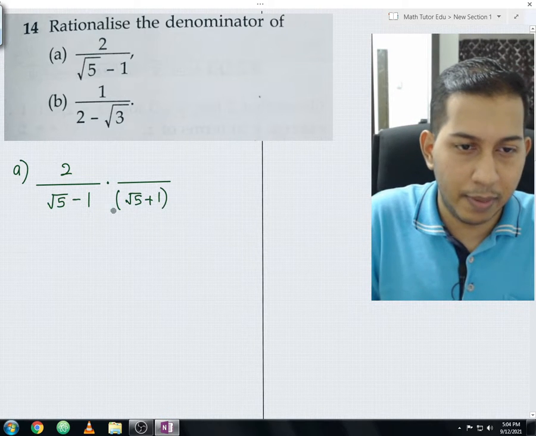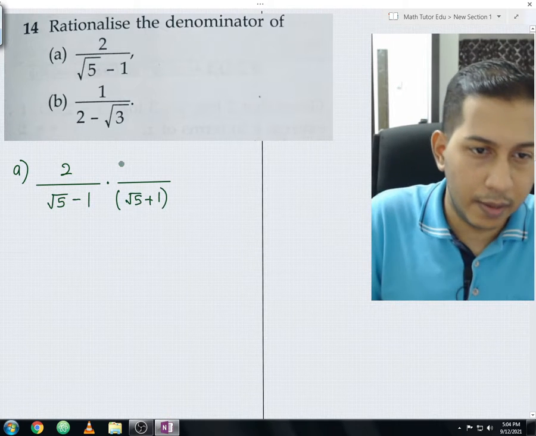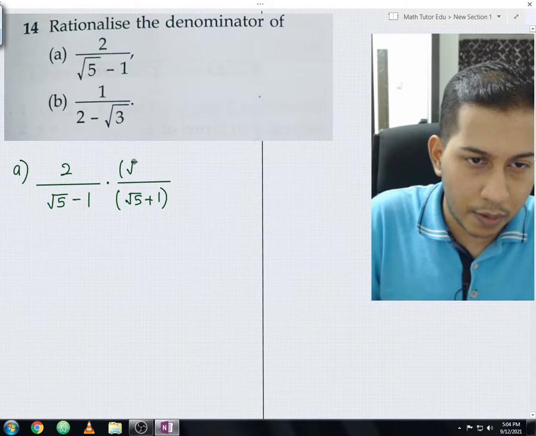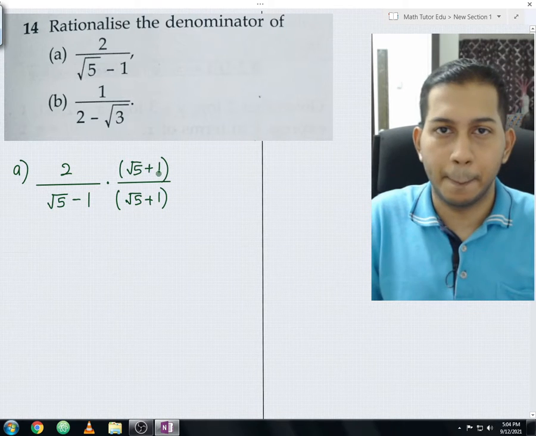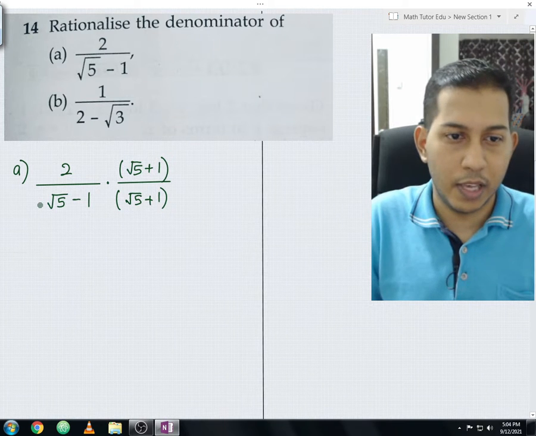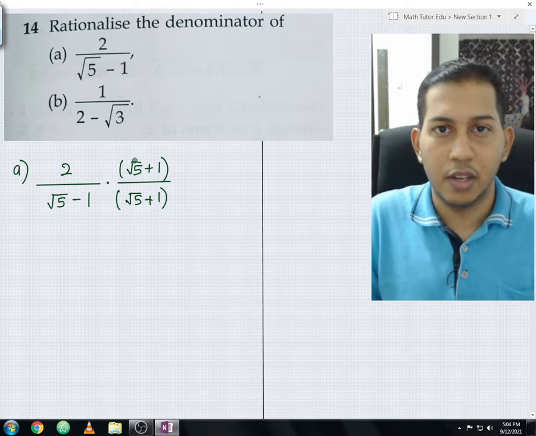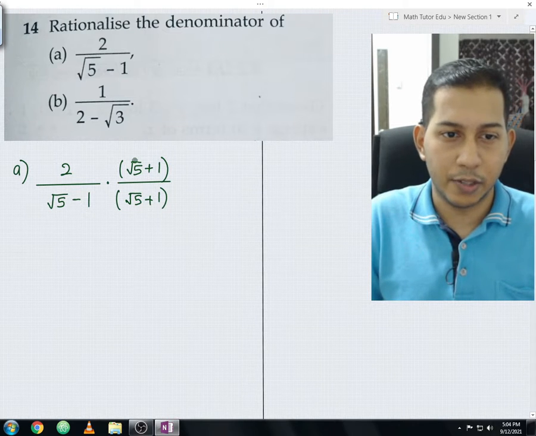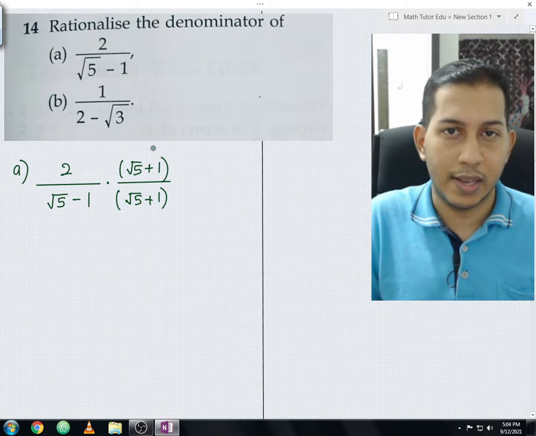When you multiply the denominator, the same thing applies for the numerator as well. So square root 5 plus 1. You should times the numerator and the denominator as well. If you just times the denominator and do not include the numerator, your answer will be wrong. So make sure you don't forget to include both the denominator and the numerator.